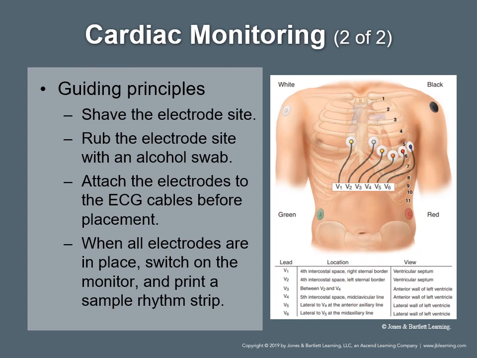Remember, axillary is under the arm. So the anterior axillary is going to be the imaginary line that would come at the front of the shoulder down the side. Does that make sense? And it's going to come almost in line with V4. All right. And then your V6 is going to be mid-axillary. So you're going to go under the arm about halfway and then come down to about that fifth rib and place that there.